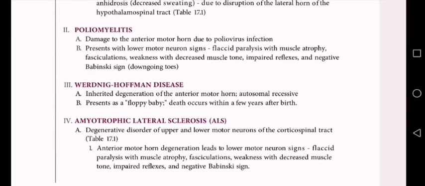It's very common to be discussed among the neurologists. Degenerative disorder of upper and lower motor neurons of the corticospinal tract. Anterior motor horn degeneration leads to lower motor neuron signs, flaccid paralysis with muscle atrophy, fasciculations, weakness with decreased muscle tone, impaired reflexes, and negative Babinski sign.